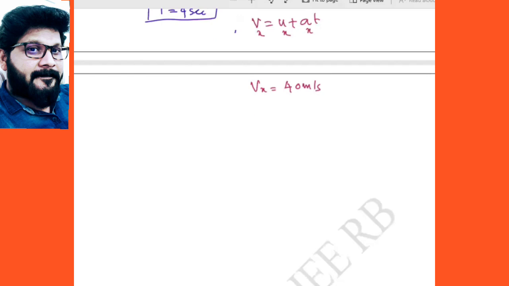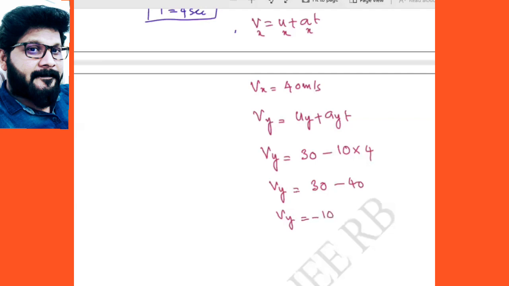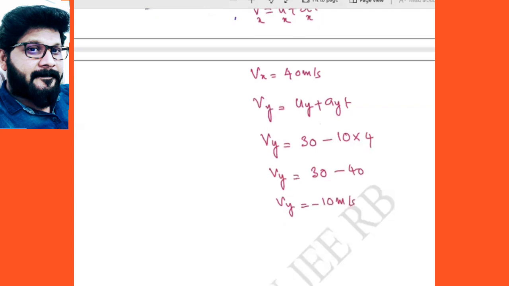Next, Vy equals Uy plus ay into t, right? Most of them posted the correct answer. Uy is 30 minus 10 into t. So t is how much? 4 seconds. So Vy equals 30 minus 40. Vy equals minus 10 meter per second.